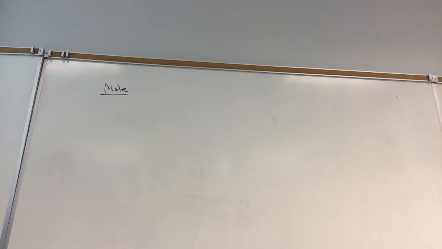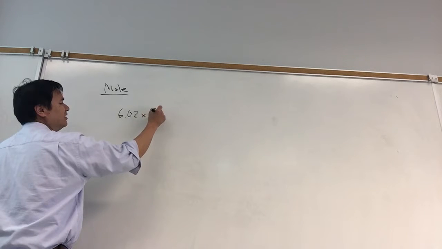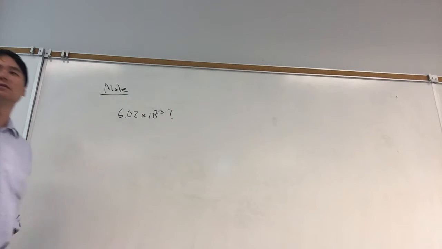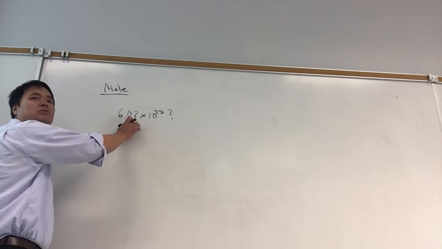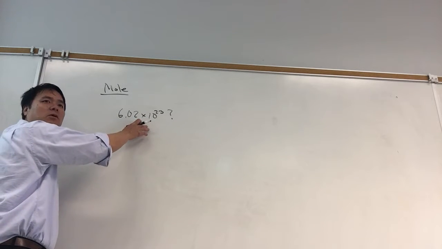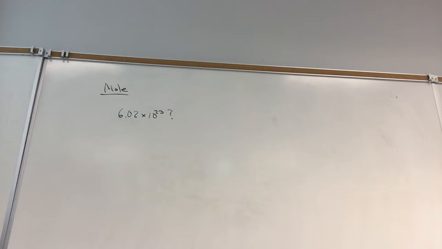Is a mole defined as 6.02 times 10 to the 23rd? Is that it? Avogadro's number is a mole. And so there are exactly 6.02 times 10 to the 23rd objects in a mole. True or false?